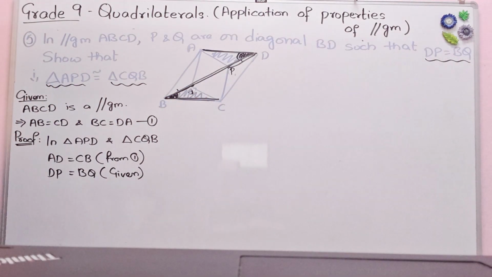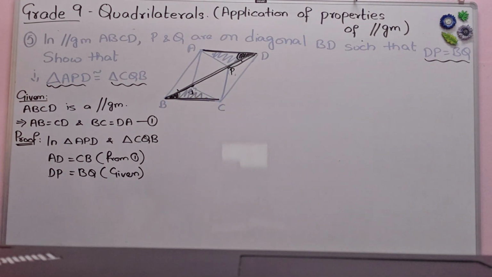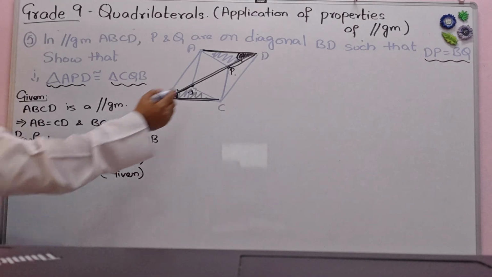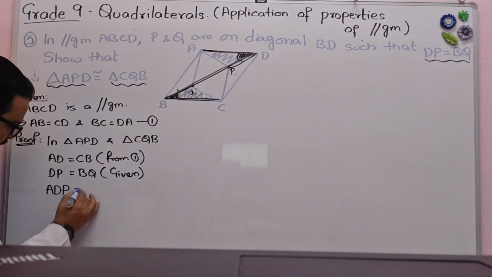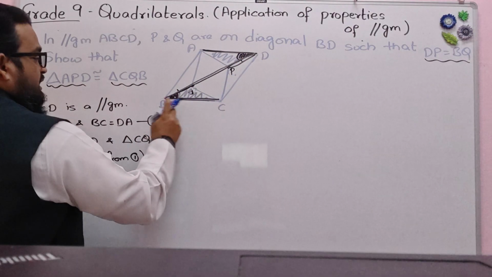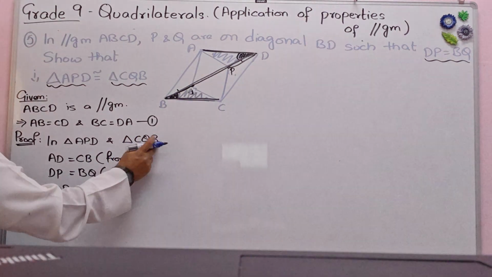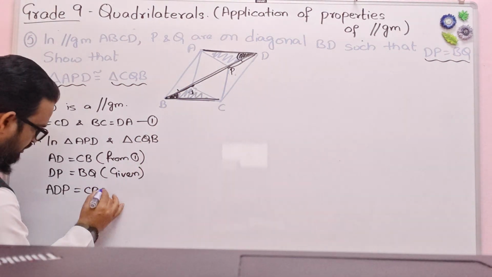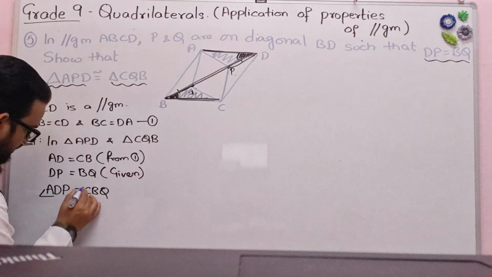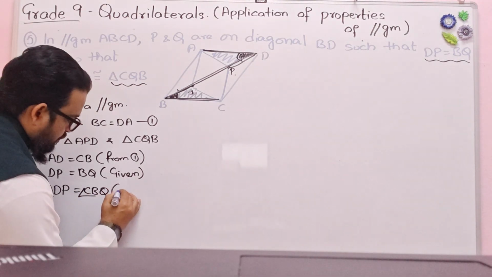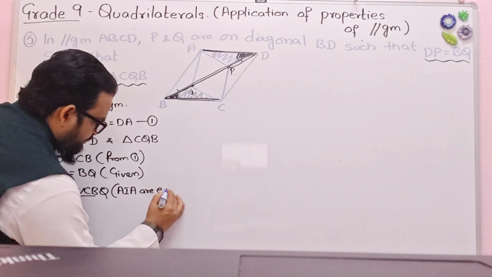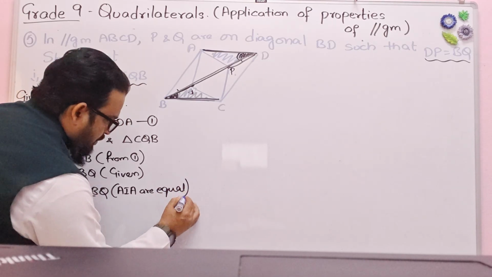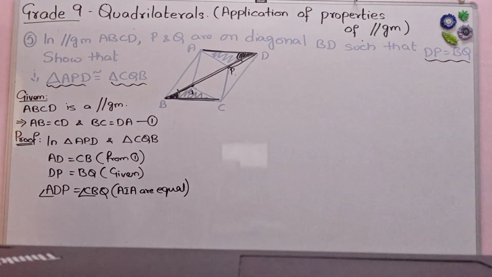These two angles are alternate interior angles, and alternate interior angles are equal. So what is this angle? ADP is equal to CBQ. Angle ADP is equal to angle CBQ, alternate interior angles are equal. Try to write the full form in examination.